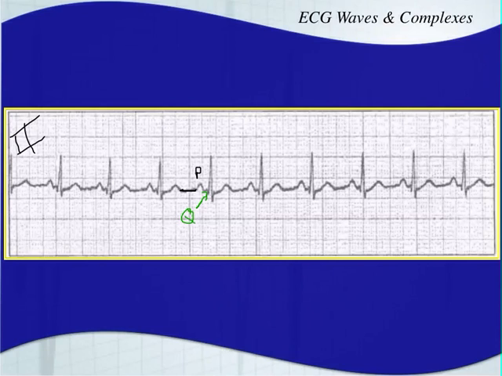The next positive deflection, the big large one here, is called the R wave. Then you have another negative deflection right here called the S wave. Finally, you see one more positive deflection right here, and we call that the T wave. I'm going to go into what each of these different waves are showing us.